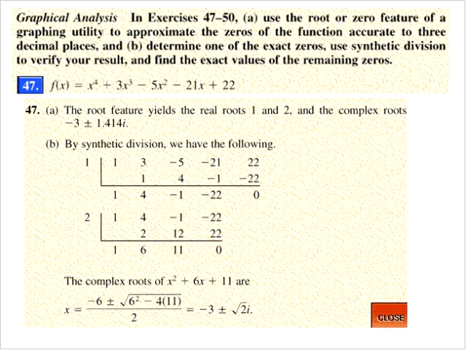If we do that, we can use synthetic division to see that yes, 1 and 2 actually do give us a remainder of 0. And then we can take the resulting polynomial, which was x squared plus 6x plus 11, and you can use the quadratic formula to solve from there.